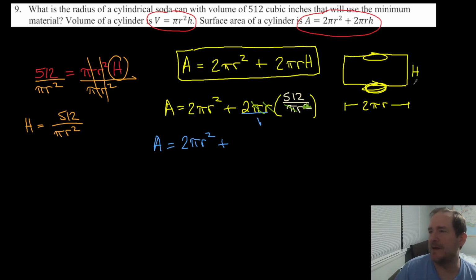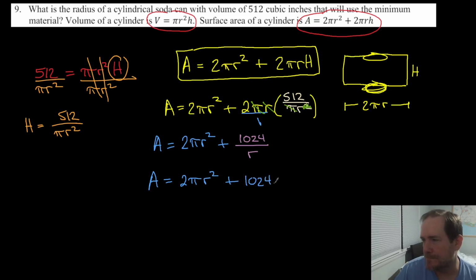And so what I'm looking at now is 1024 in the numerator, because I take the 512 and I double it, all over just one r down there in the denominator. So again, I'll clean this up a bit. We'll say that A is equal to 2 pi r squared plus 1024 times r to the negative 1.